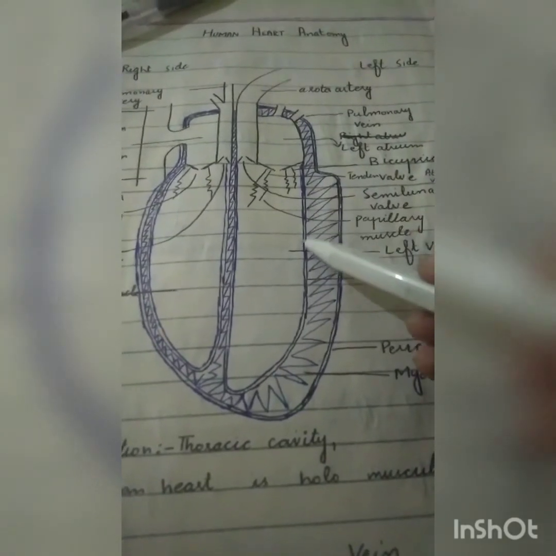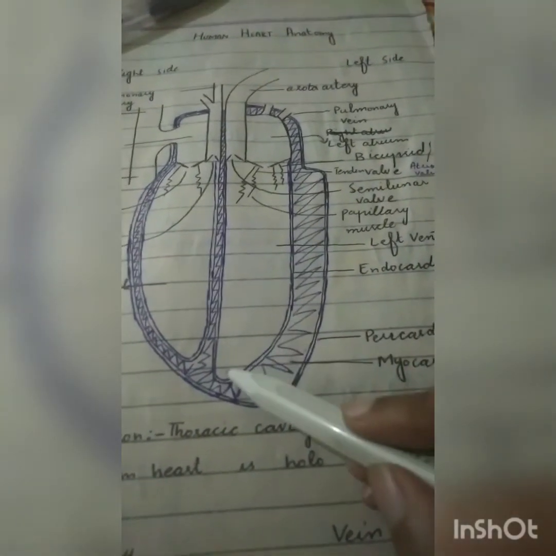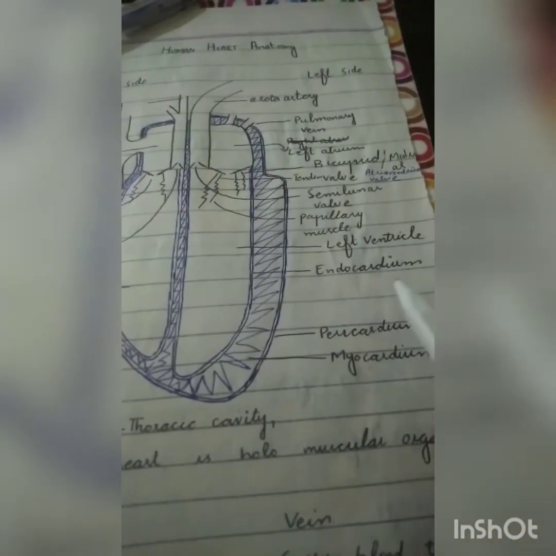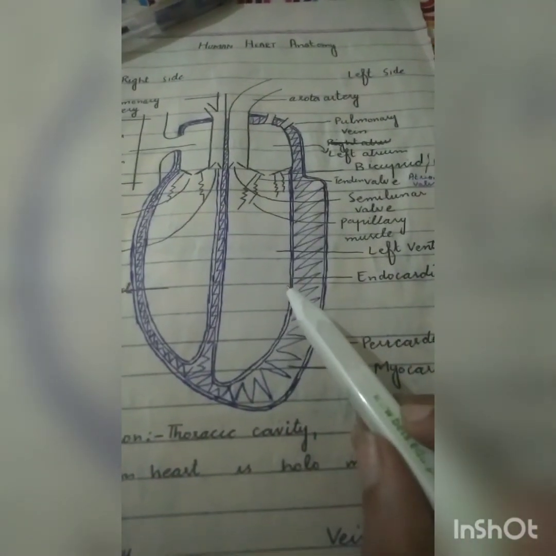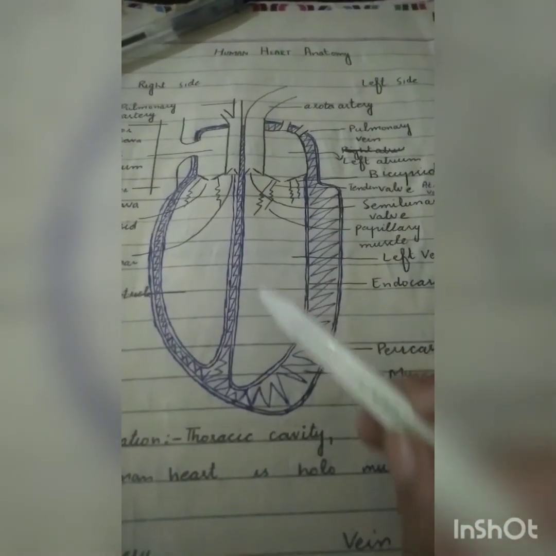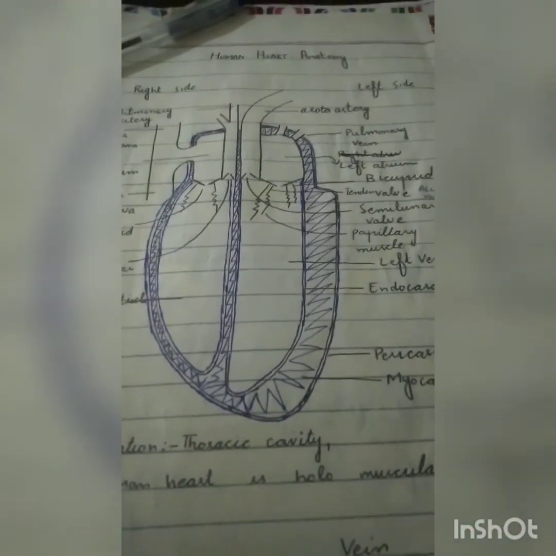The innermost layer of the heart is called the endocardium. The endocardium makes the blood flow inside the ventricles and atria smooth.